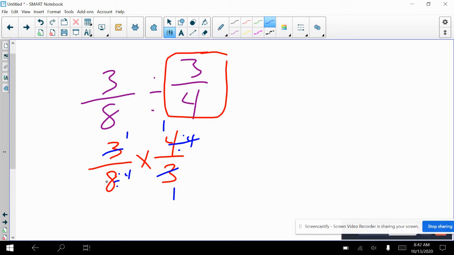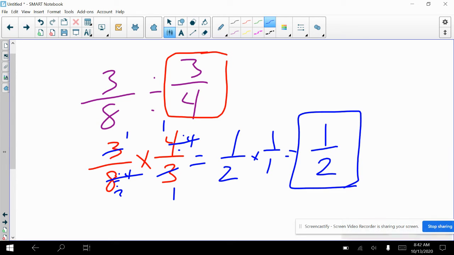We divide by 4, we get 2. Look at my problem now. 1/2 times 1/1. So 3/8 divided by 3/4. The answer is 1/2. Okay? That's how that works.